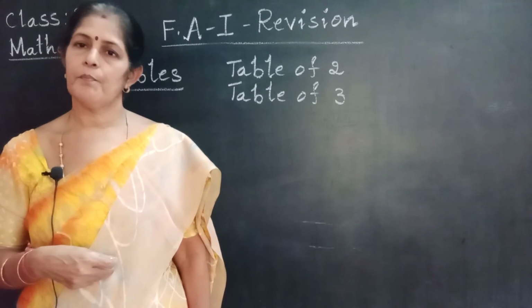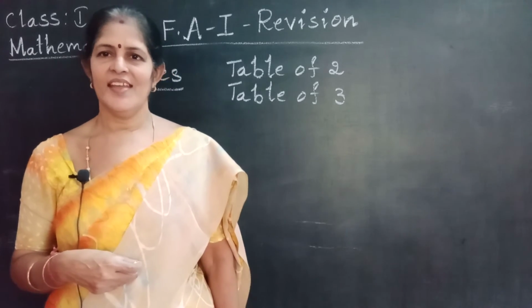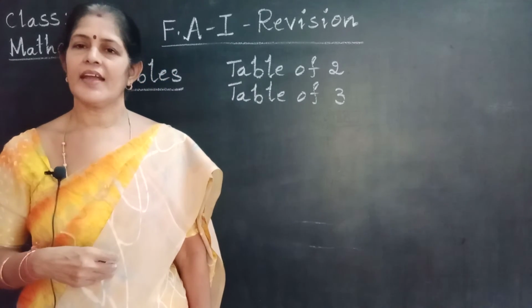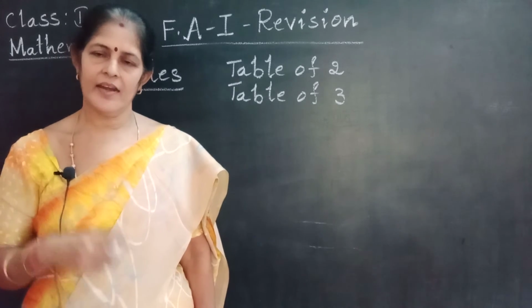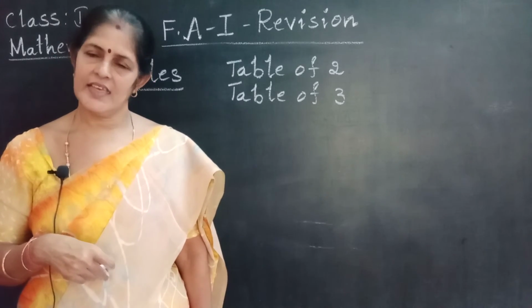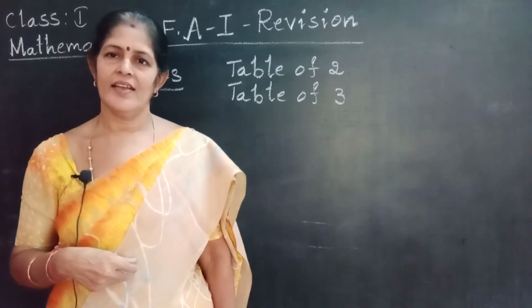Okay. Next one, blanks. Blanks. Okay. The smallest one digit number, 1. The greatest one digit number, 9. Dash means nothing, 0. What is the first 2 digit number?